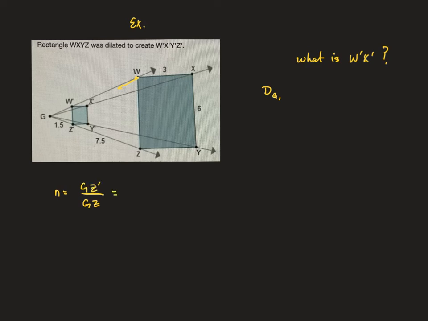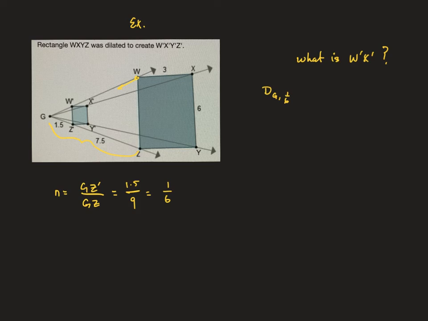GZ is going to actually have been 9, right? 1.5 plus 7.5 right here. And then GZ prime is going to be 1.5. And when I do that, I'm going to find that is, I believe, 1/6. So my scale factor is going to be 1/6.